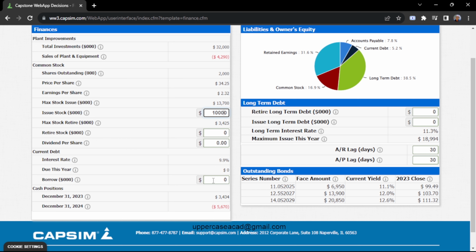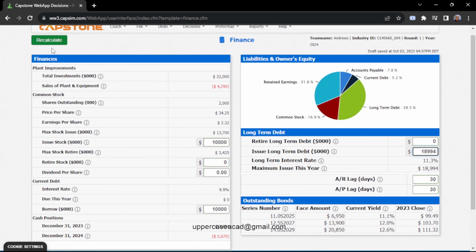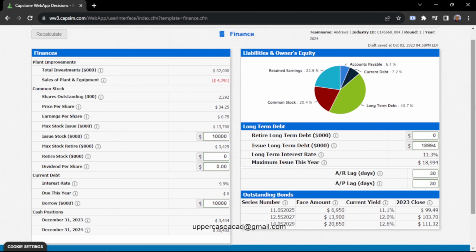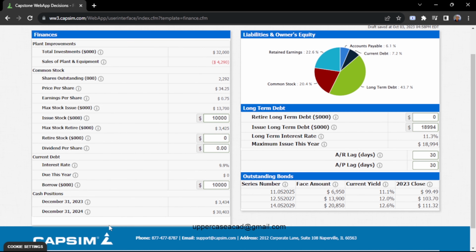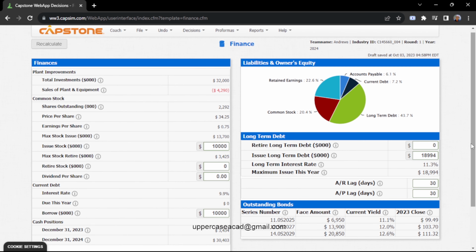The current debt also worth 10,000, and I'll issue long-term debt the maximum, so I'll take 18,994. Then I'll calculate. After calculating, my cash position as of December 2024 is 30,403.